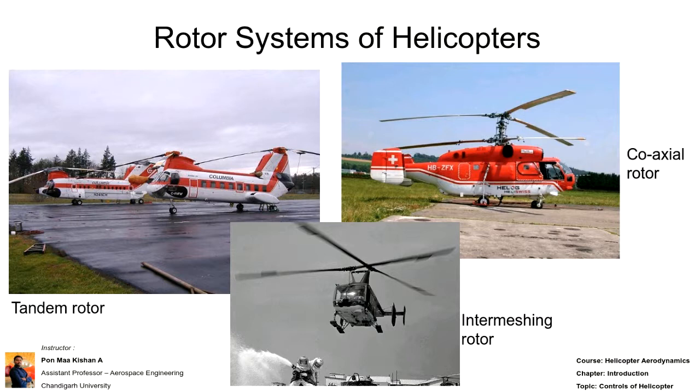So you can see here the coaxial rotor, right? Heli Swiss. So it is used for medical purpose. Okay, so this type of coaxial rotor system has been used for medical as well as air ambulance. So depending upon applications, the advantage and disadvantage of rotor system will be decided.